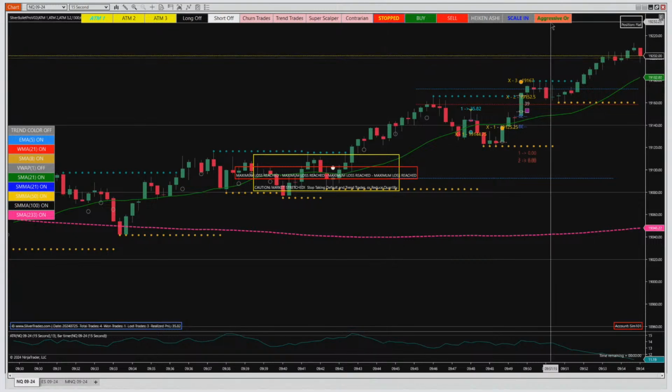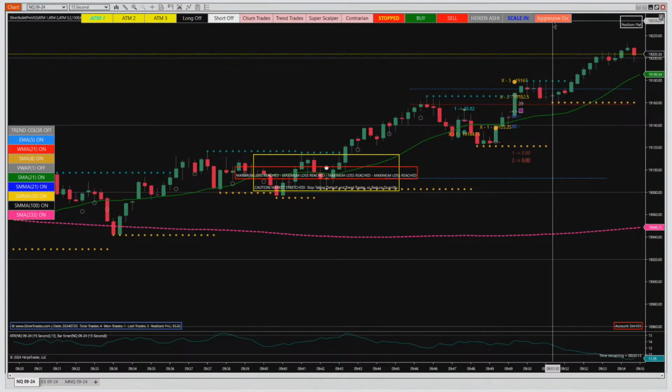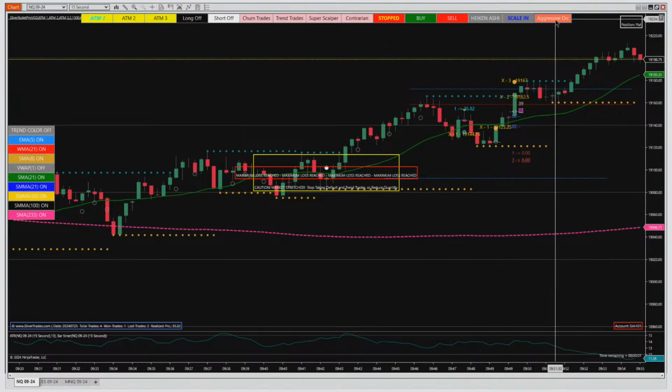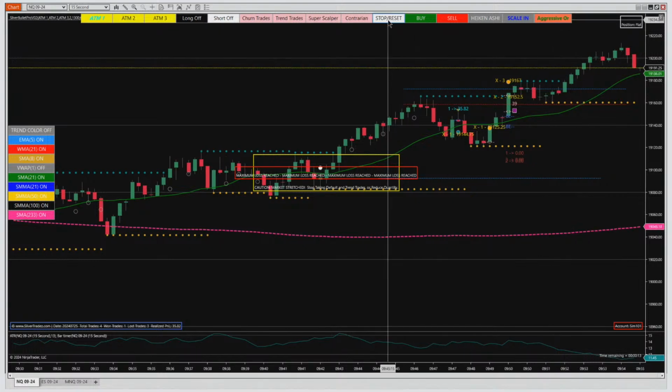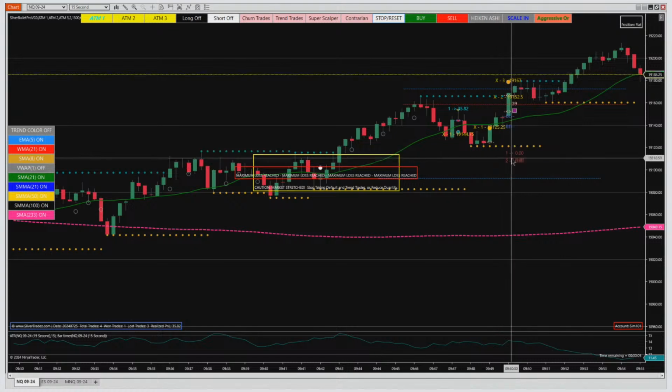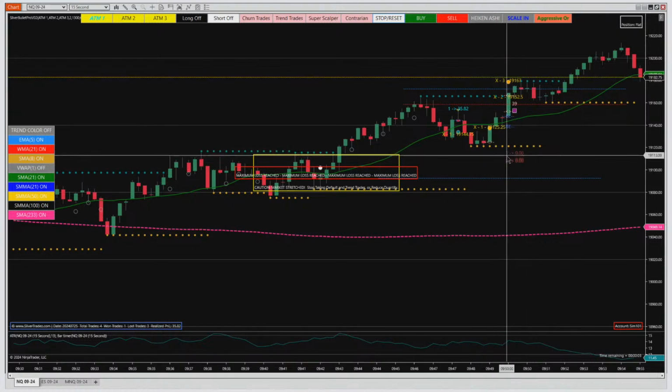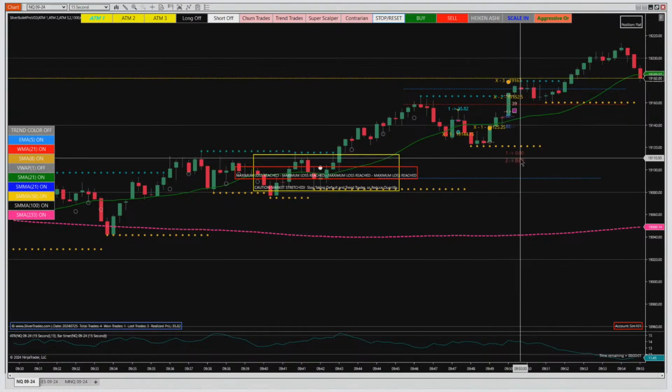Say I had the aggressive button on, which kind of ignores the max loss. If I turned the aggressive button on, it ignores the max loss. So I manually pressed the stop button to come out of the trade. And I was okay to take this loss.